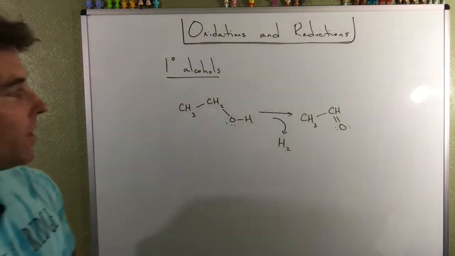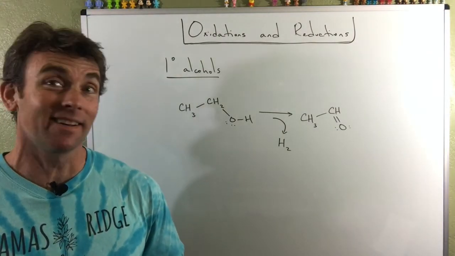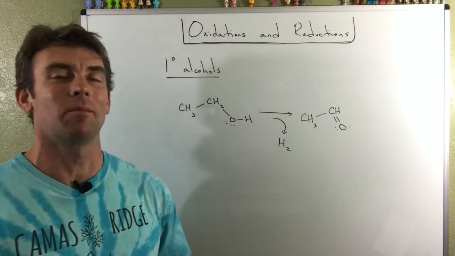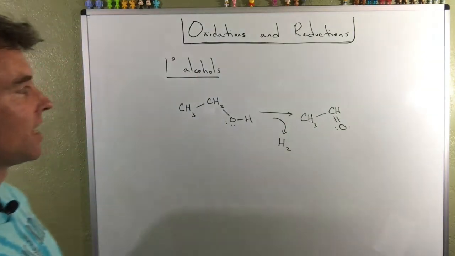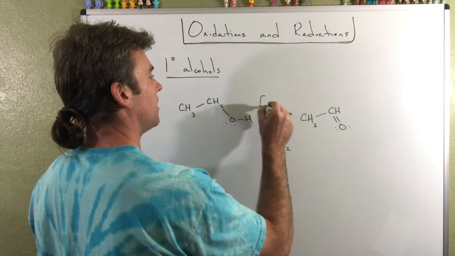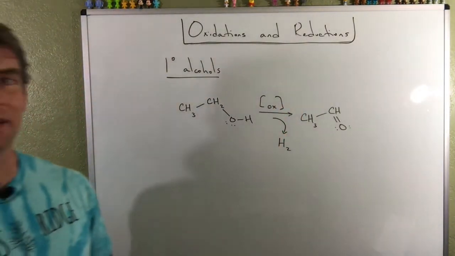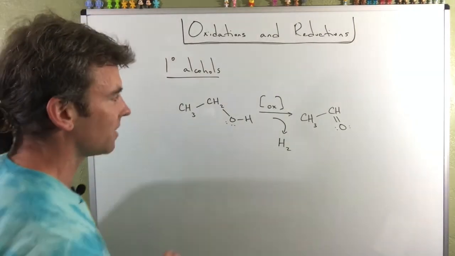So anytime you do that in organic chemistry, even though technically, yes, we could go back to the general chemistry way of understanding things and say we are oxidizing this thing here, first of all, let's put oxidize, right? And there will be all kinds of different reagents that we'll talk about in just a second.